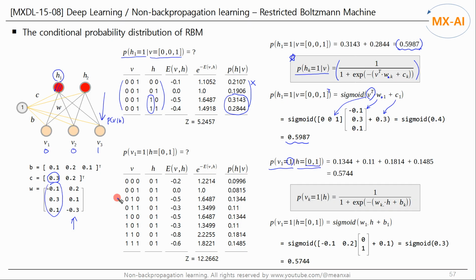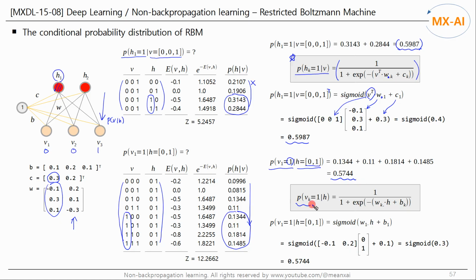Using the formula from the previous slide, we compute the probabilities that H is 0, 1 for all possible V as follows. To compute the probability that V1 is 1 here, we simply add these four values. Then it gives us a probability of 0.5744.